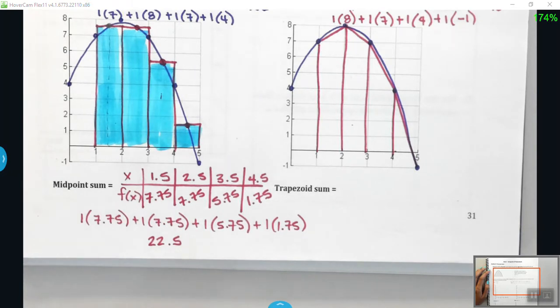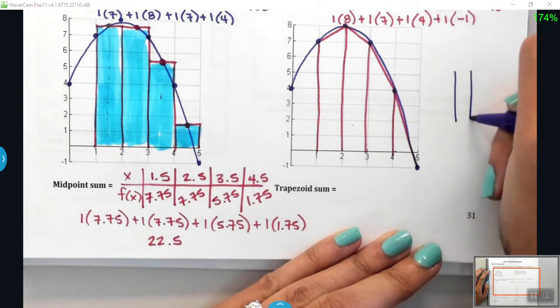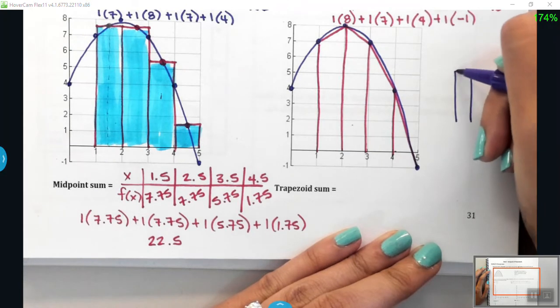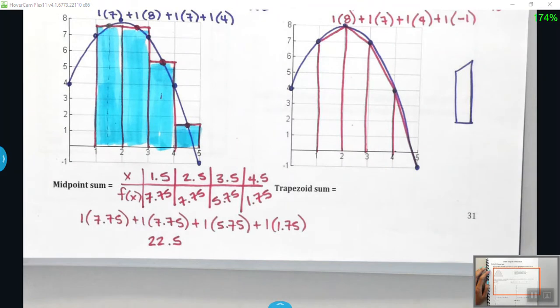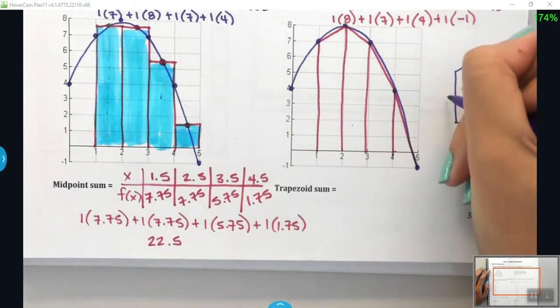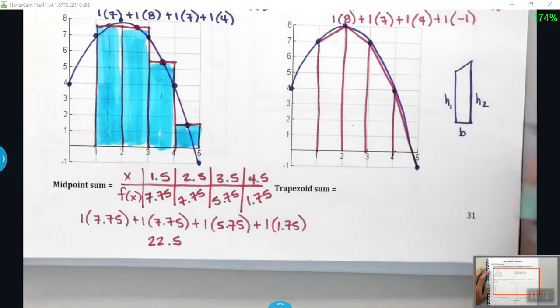Okay, so midpoint, here's what you do. Do you guys remember the area of a trapezoid? It's base 1 plus base 2, times the height, right? But we're going to turn it on its side and do h1 plus h2 times the base, because our trapezoids are vertical and we've got two different heights, not bases.